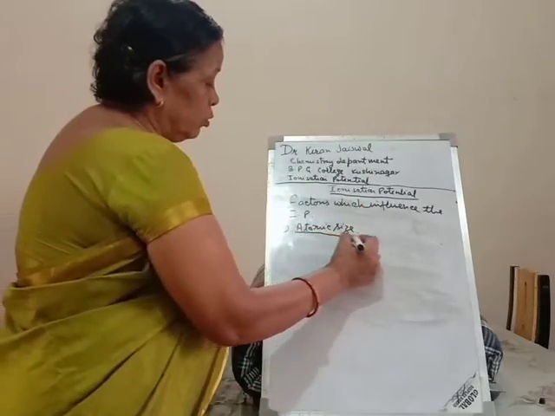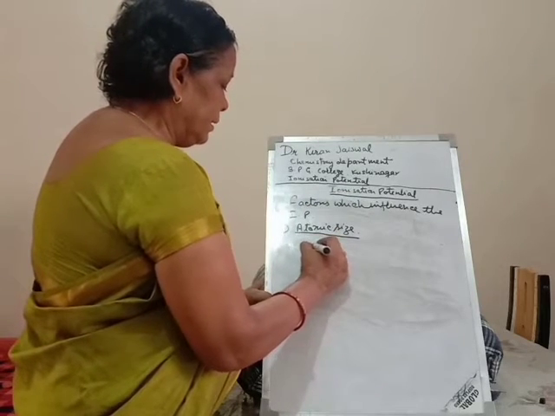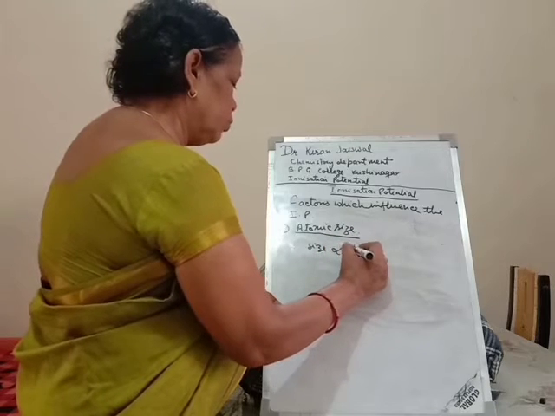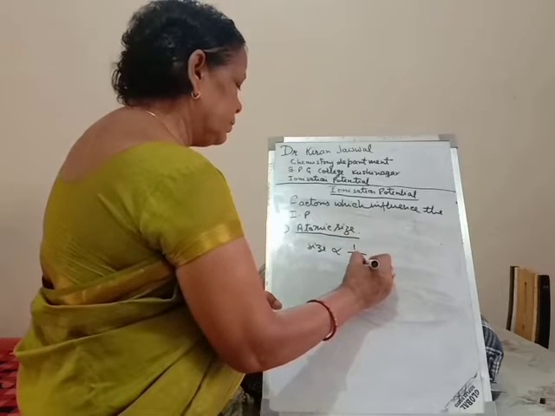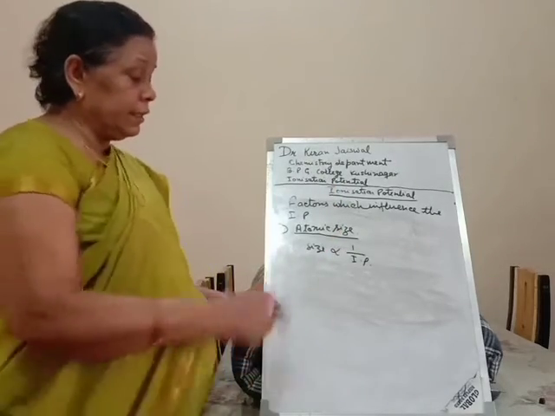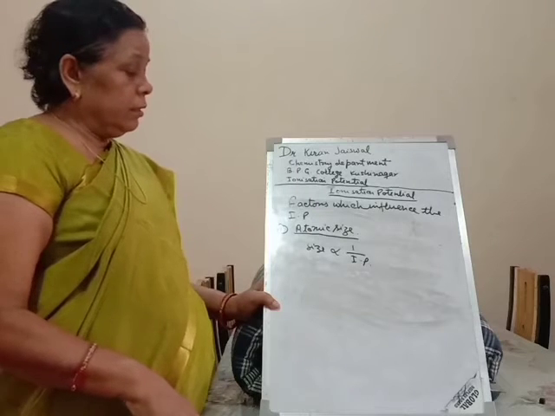As we know, the greater the size, the smaller will be the ionization potential. Size is inversely proportional to 1 upon ionization potential.